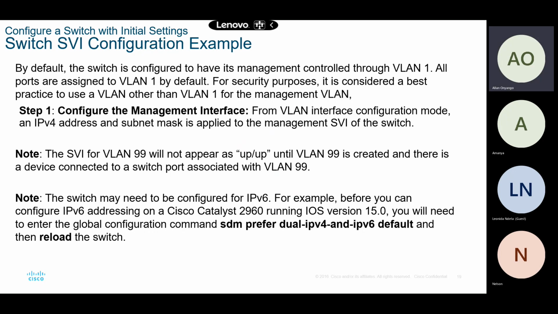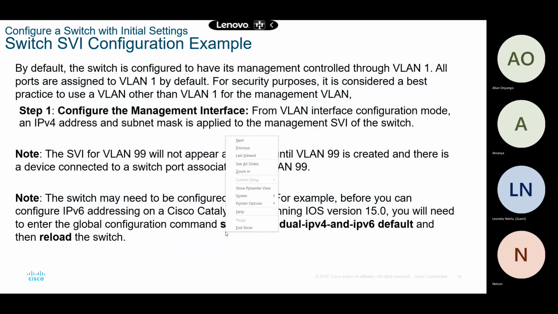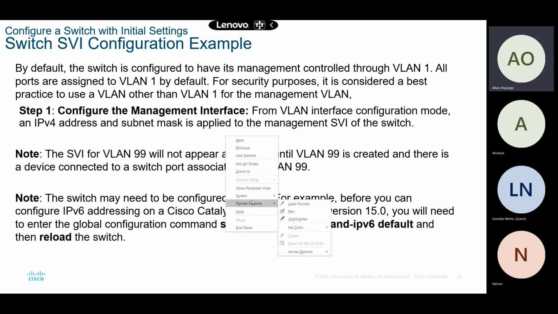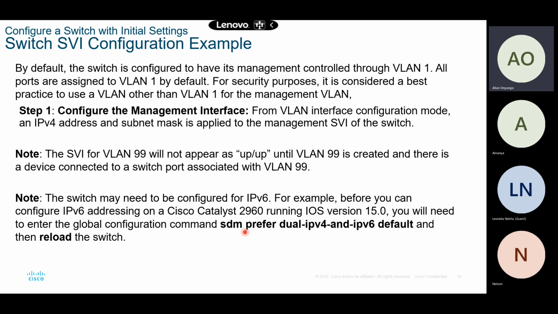So at the global configuration mode, you're going to put the command SDM prefer dual-ipv4-and-ipv6 default.